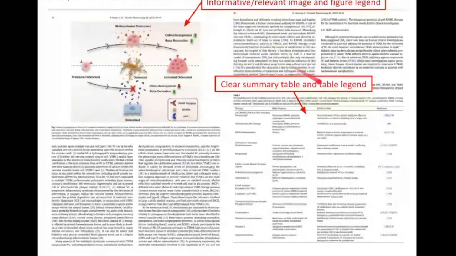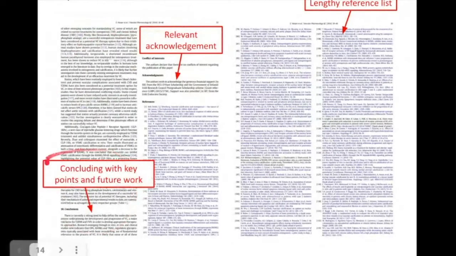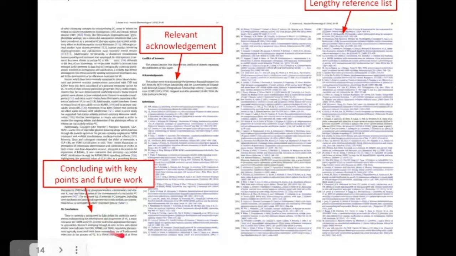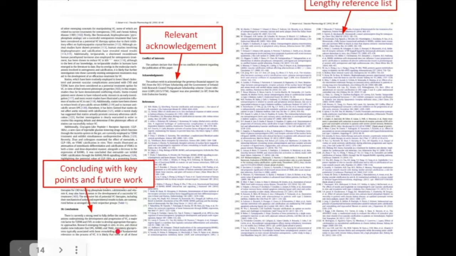Okay, and it also has a conclusion with key points, and it also addresses future work, future recommendations, and relevant acknowledgement, and also a lengthy reference list. When you go to one paper, I also look at the references.